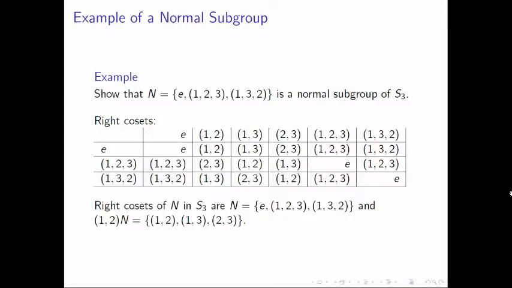One collection is the subgroup N, and the other collection is this set of transpositions, (1 2), (1 3), and (2 3). Those are the same sets as the left cosets, and so this is an example of a normal subgroup. What I would like you to notice, though, is let's pick an example.